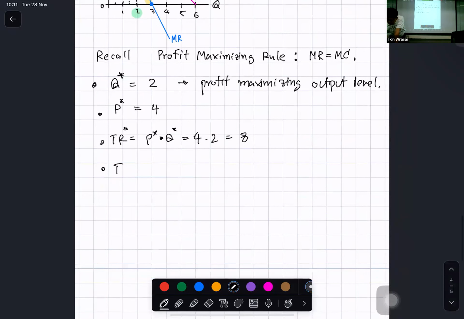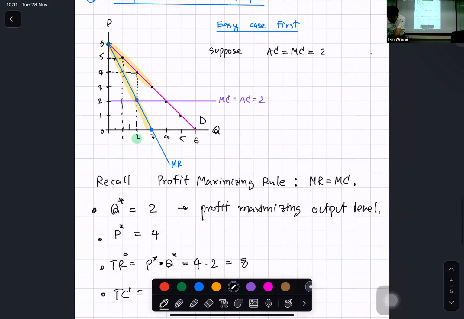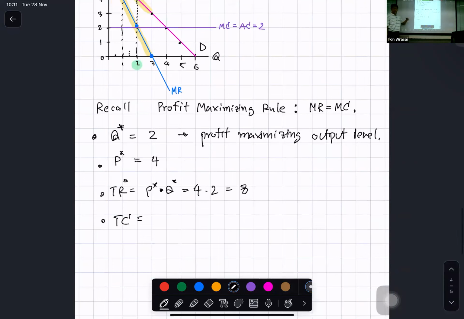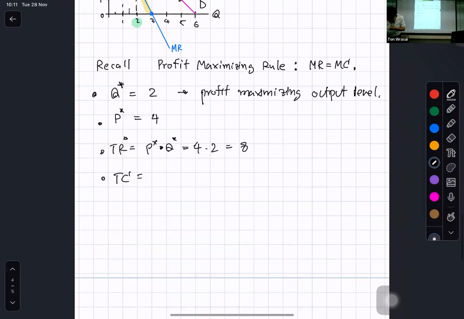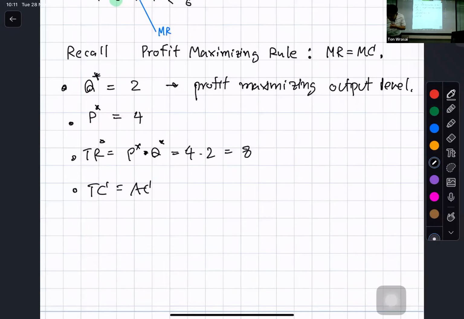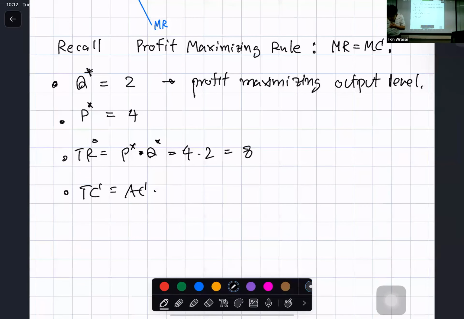And how about total cost? Total cost, we utilize this cost per piece times the amount that he produced. AC in this example is 2 baht per piece. He produced 2 units.